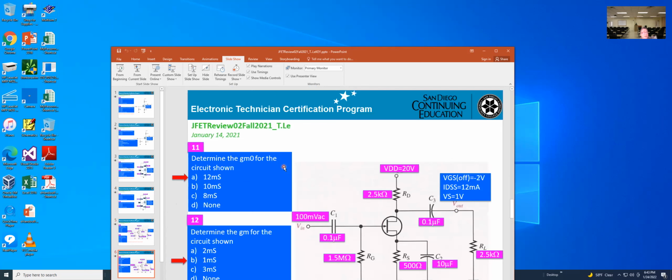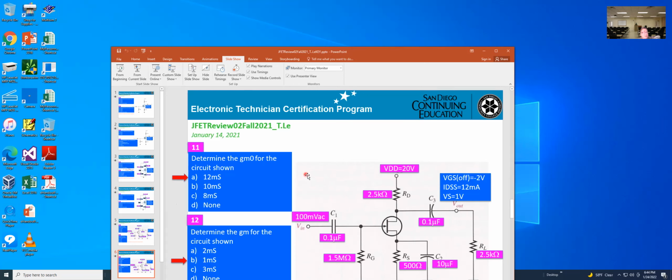Okay, number 10, right? That's done. 11. They want GM0. You know the formula to calculate the GM0. Okay, they already given you IDSS, VS equal 1 volt, VGS of minus 2 volt. Then you get the formula for GM0.